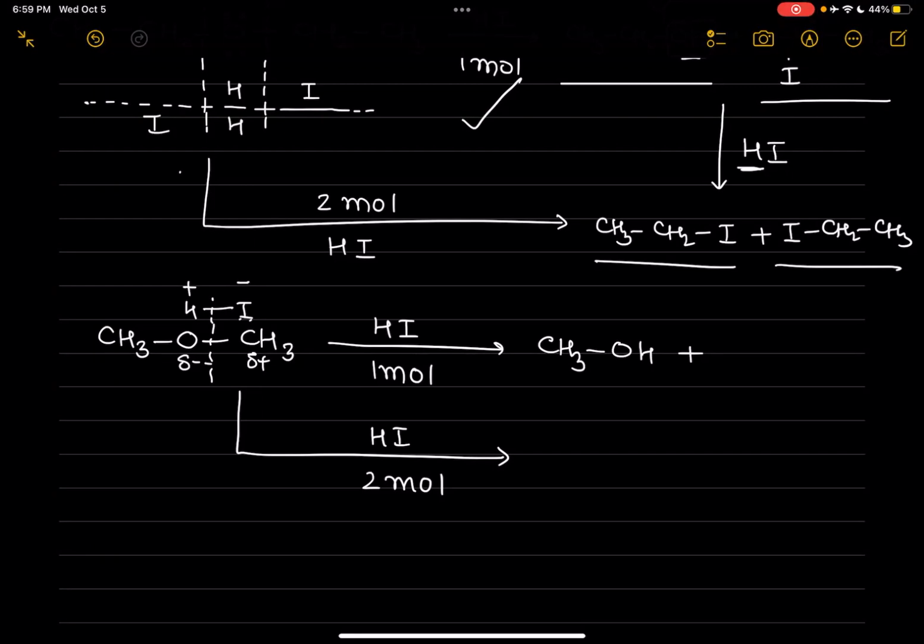Okay. So again, if 2 moles are given, this is how I will get the answer. I will react this alcohol with 1 mole of HI again. Twice I will do the reaction.